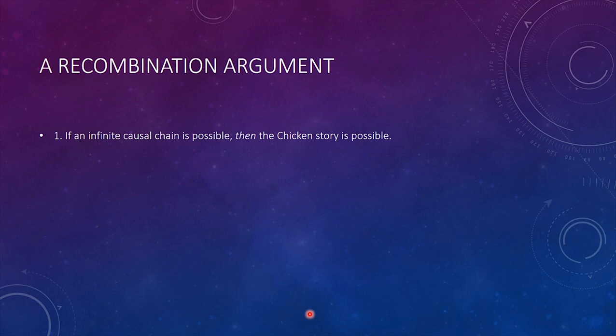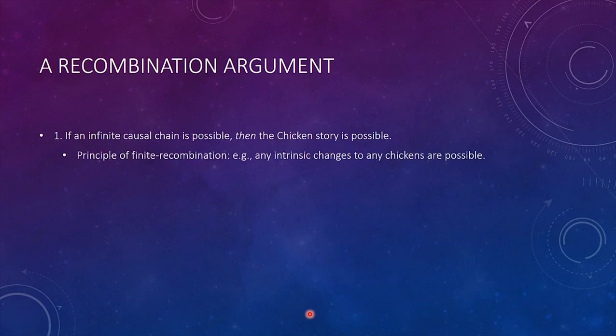Here's the argument. If an infinite causal chain is possible, then the chicken story is possible. Now, we might support this principle by a more general principle of what I call finite recombination. An example would be that any finite intrinsic changes to any chickens would be possible.